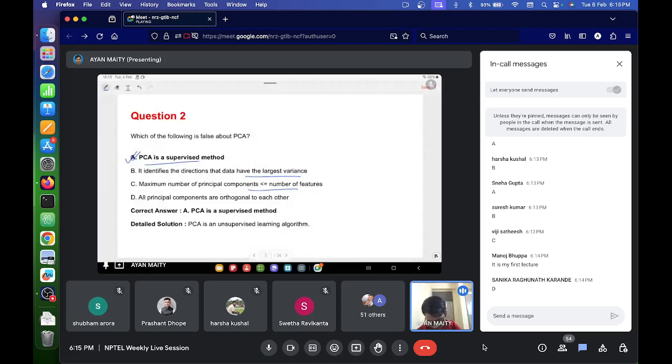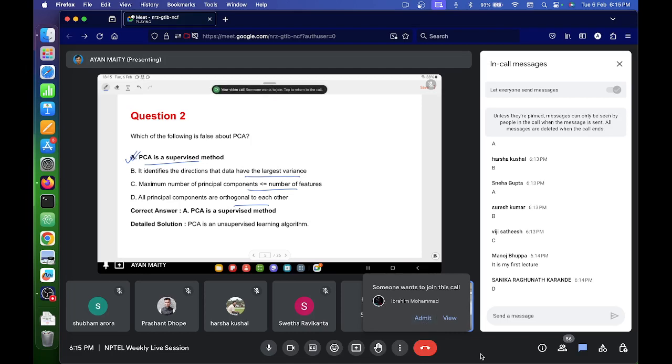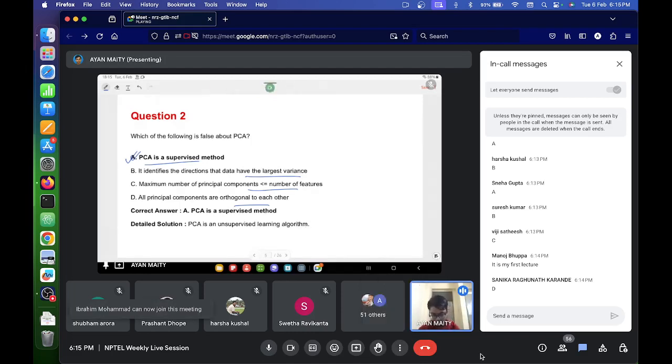And option D says all principal components are orthogonal to each other. This is also correct. The algorithm is built in such a way that it satisfies this orthogonality constraint for each of the principal components. So option A is the only correct answer here.